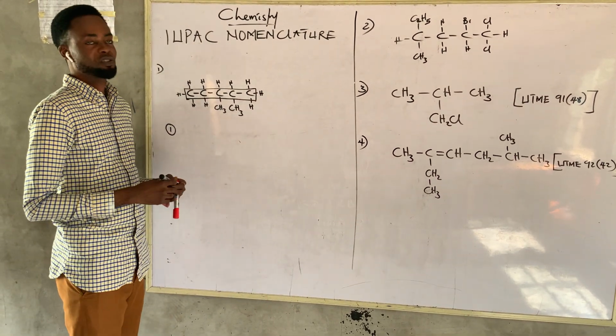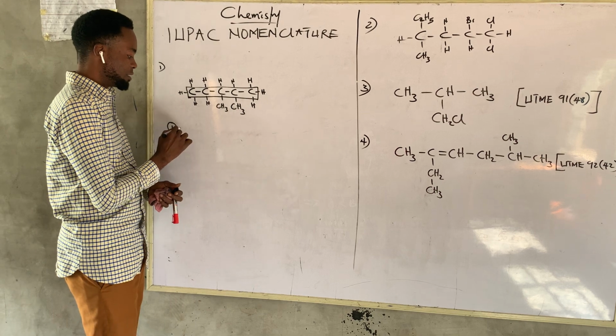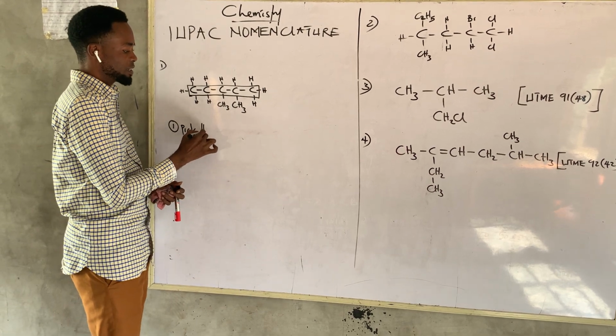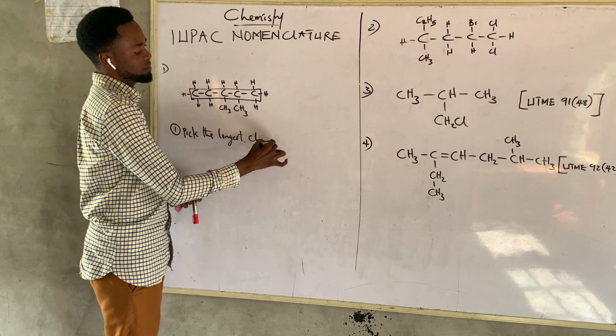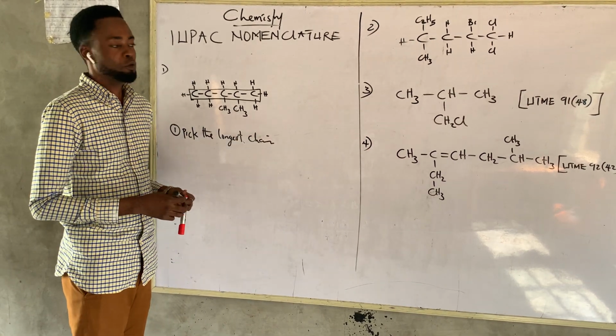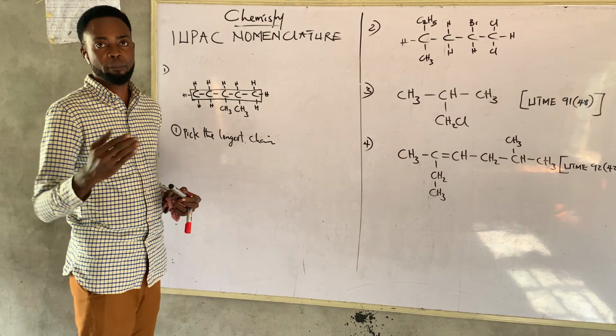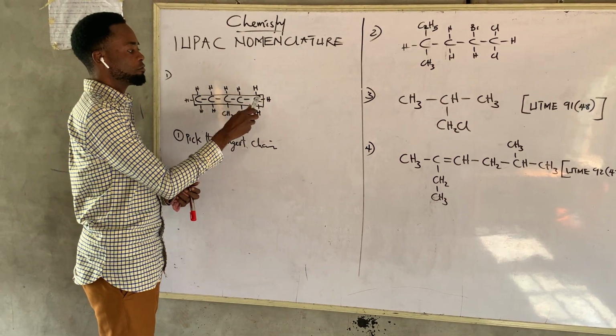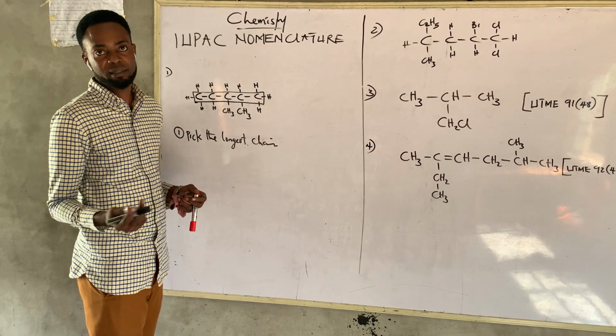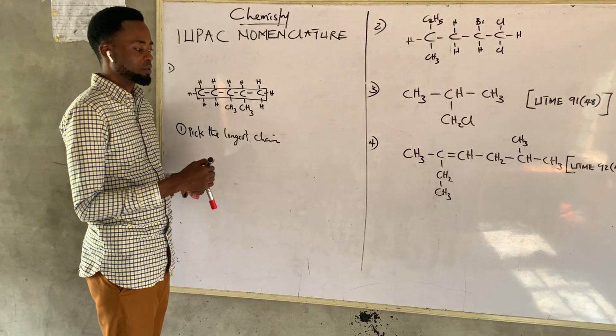You pick the longest chain as the parent name. In this case, the longest chain is 1, 2, 3, 4, 5, and that is pentane. So the parent name of this compound is pentane.